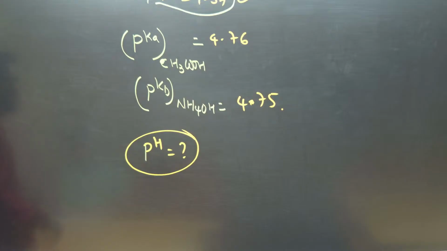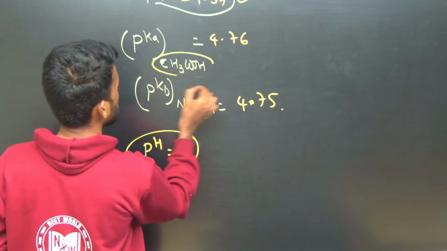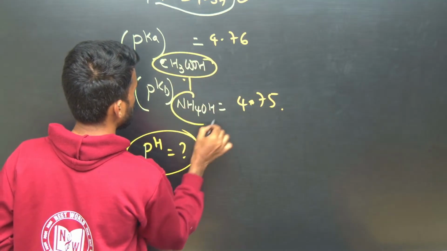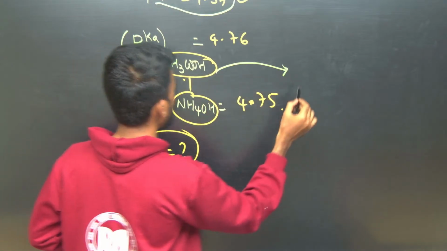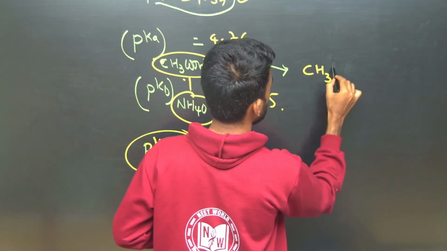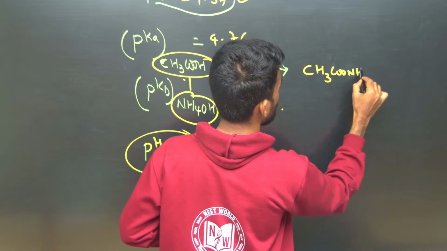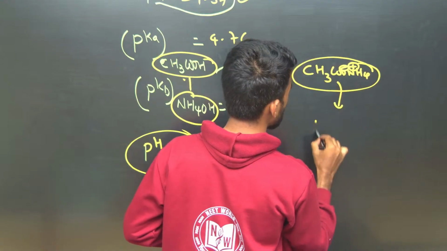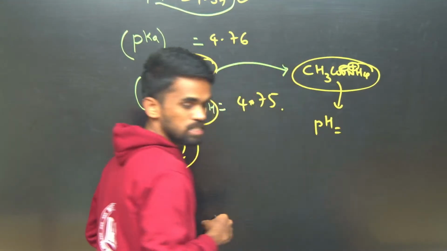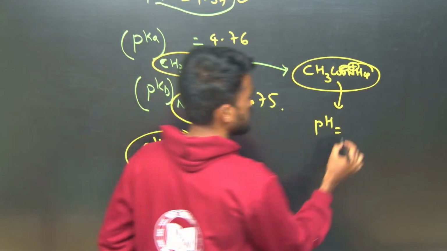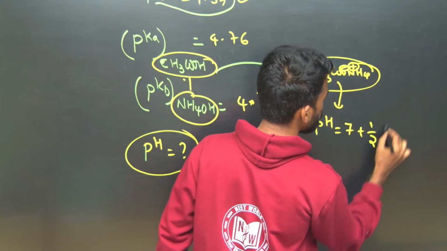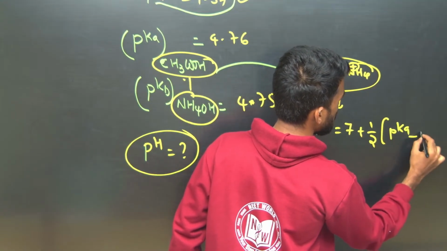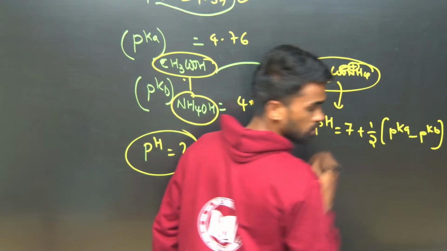Simple. When a weak acid and a weak base are combined, we get a salt of weak acid plus weak base. For this mixture, what is the formula I told you? Weak acid plus weak base salt hydrolysis: 7 plus half into pKa minus pKb.